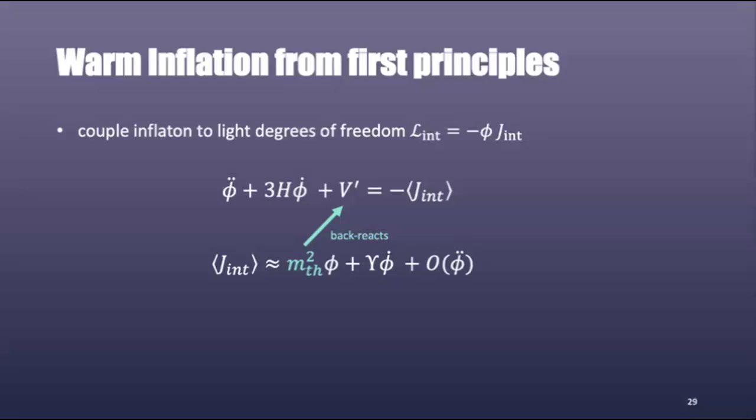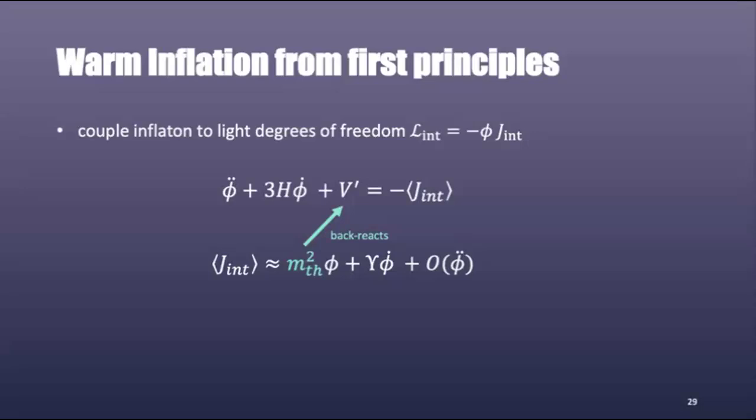And what was a big issue for a long time, and why for a long time people thought warm inflation can't work, there was even a paper written that asked, is warm inflation impossible? I think that was the title. It's exactly this point, that you seem to inadvertently get this mass correction. And that, of course, now enters your potential because you have an additional contribution to the mass.